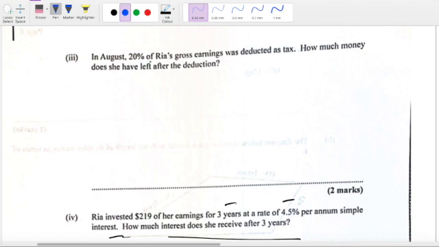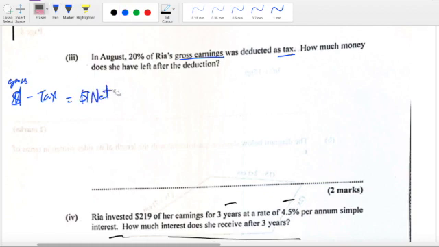So in August, 20% of Ria's gross earnings was deducted as tax. So gross and net, just as a reminder, how much money you make total, that is the gross. And then we minus tax or expenses or whatever, and how much money you actually take home, that is the net.